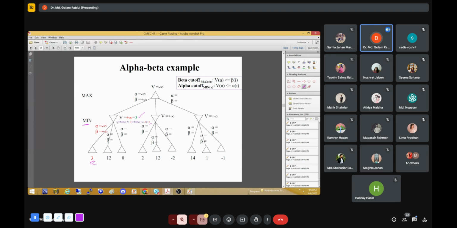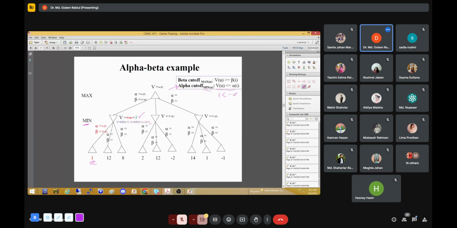Okay. After finding out this value, we try to prune. Following this min node, we will try to use the alpha cutoff. That means we have to consider this equation: whether v of n, that is this 3, is less than or equal to alpha of I. So alpha of I is what? It is negative infinite.